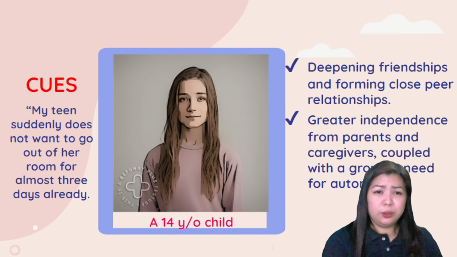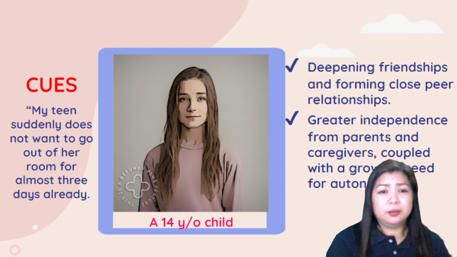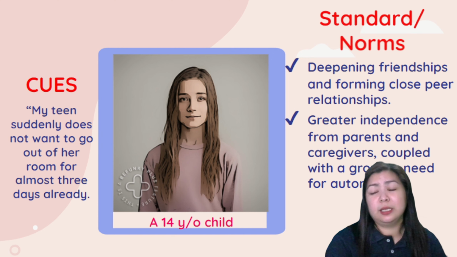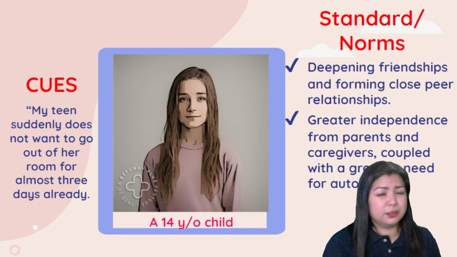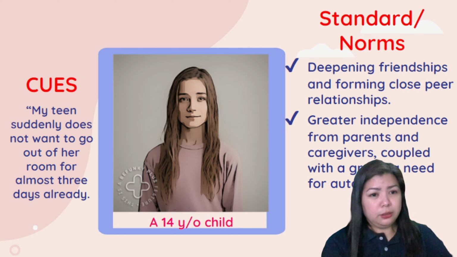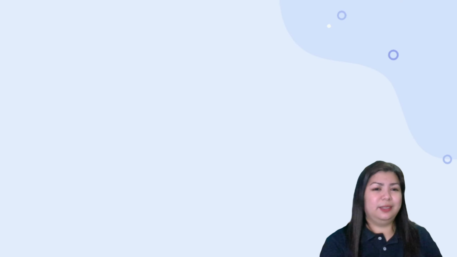Okay, so this cue may mean that maybe something is wrong with this girl or this teenager, considering what is normal among adolescents, who usually like to be with their friends, their peers, rather than being stuck in their room for 3 consecutive days. So you may be able to entertain the thought that maybe there's something wrong. Okay.